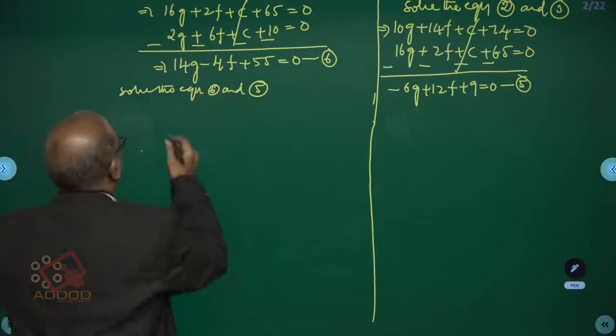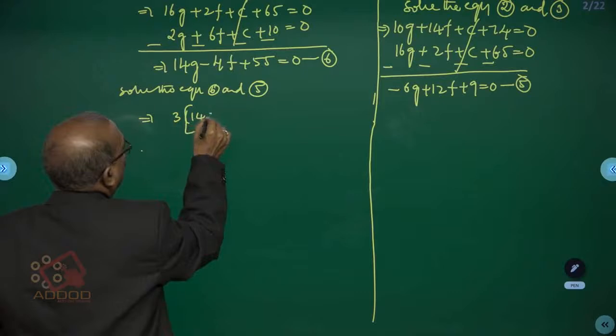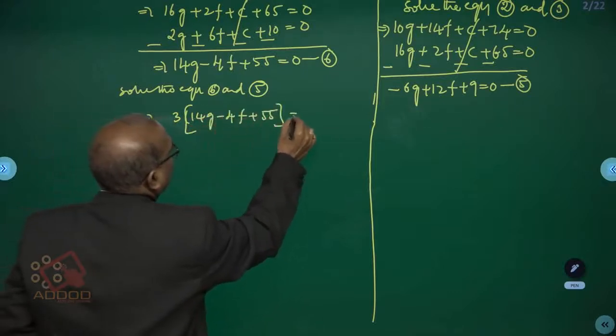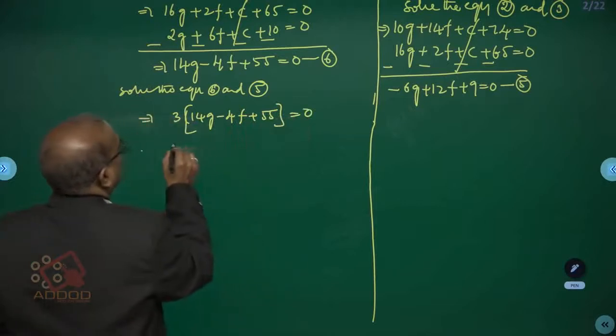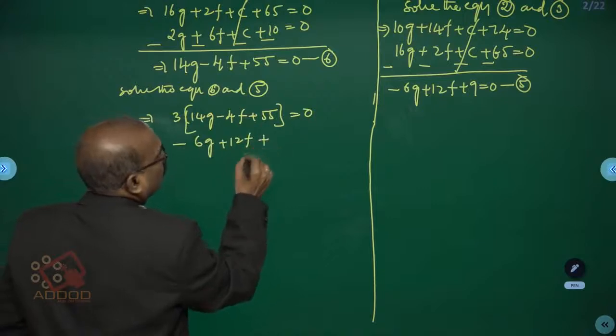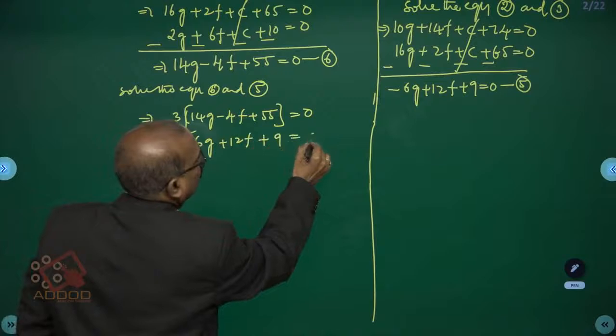So that is 3 into 14g minus 4f plus 55 is equal to 0. Next, minus 6g plus 12f plus 9 is equal to 0.